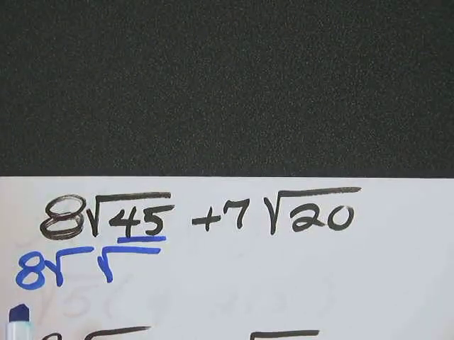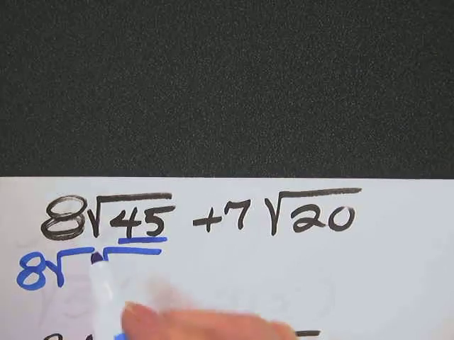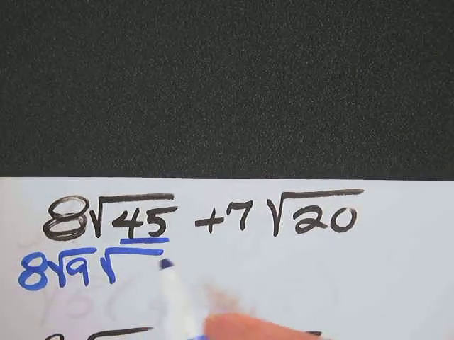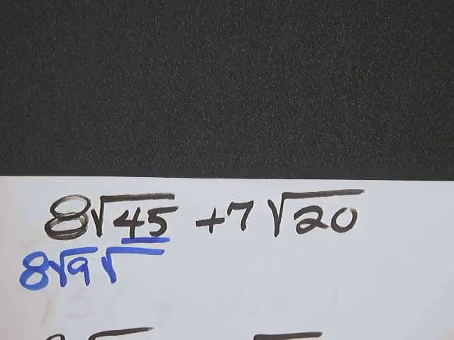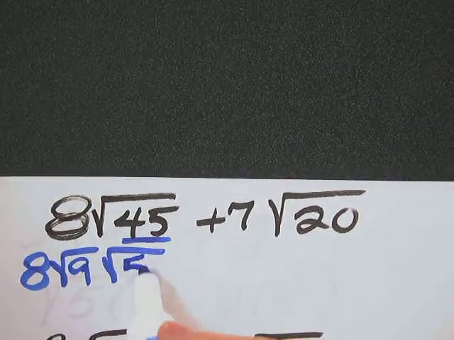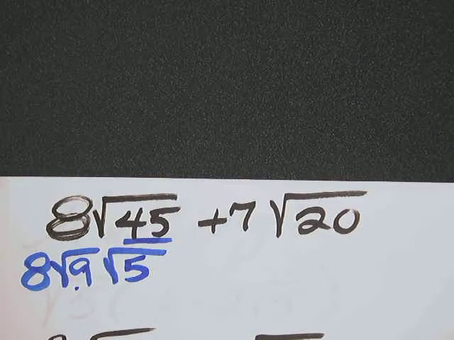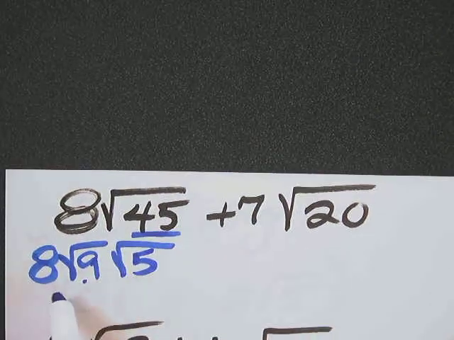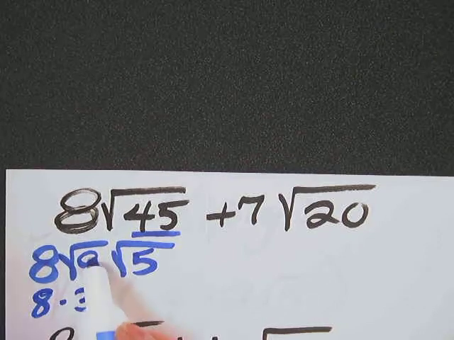Okay, so 45, do we have a perfect square that divides into 45? 9. You might want to get your squares and cubes sheet out, because you can look at it and find a number easily that goes into it. 9 times 5 is 45, right?